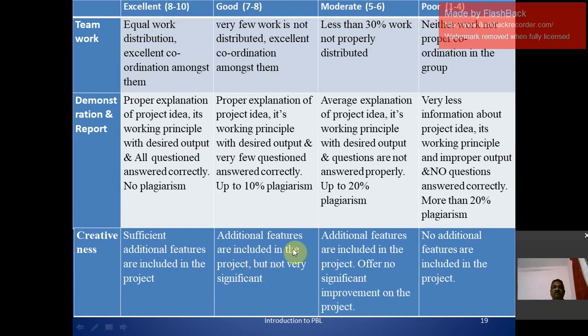In good, additional features are included in the project but not very significant, so a very small amount of additional work is included. In moderate, additional features are included but offer no significant improvement, so it doesn't have any effect on the output of the project. If no additional features are included, it is poor.